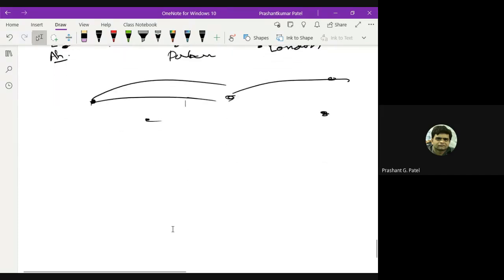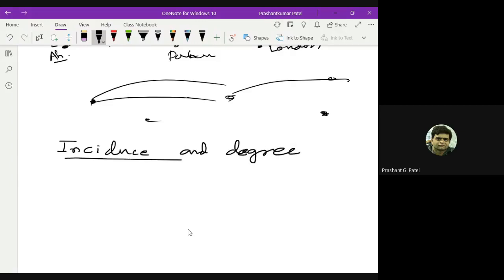So now let us go into the detail of graph theory and some of the very elementary concepts to develop it. The first concept is incidence and degree. I have almost told you what is meant by degree, and incidence is correlated with that.